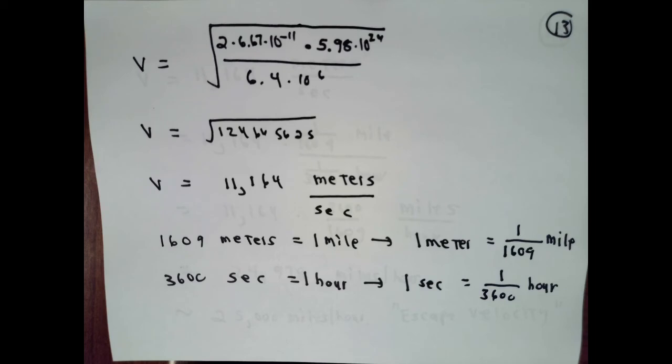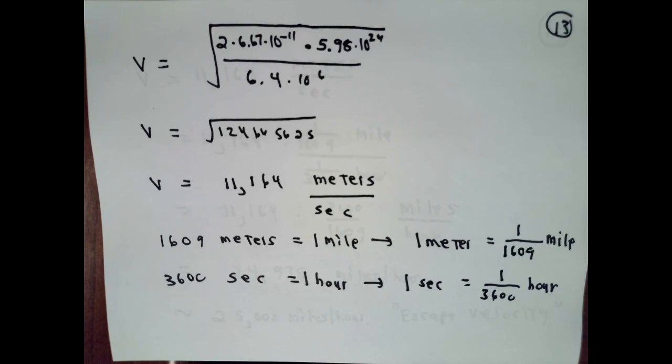If I want to convert this into more familiar units, I'll remember that 1 mile has 1,609 meters in it. Therefore, every meter is 1 over 1,609th of a mile. Likewise, there are 3,600 seconds in an hour. 1 second is 1 over 3,600th of an hour.